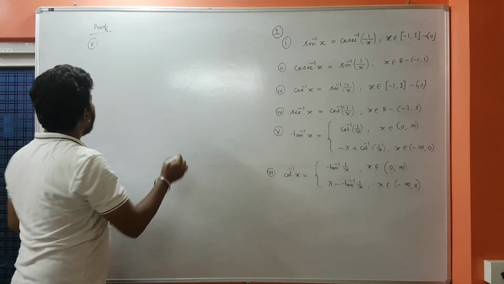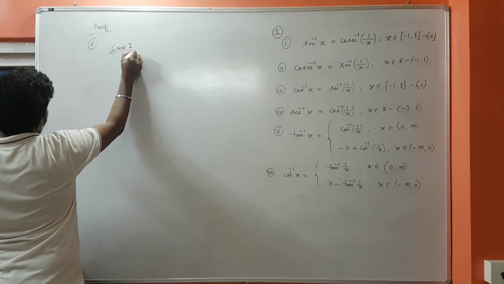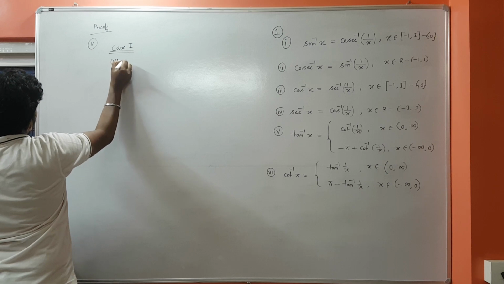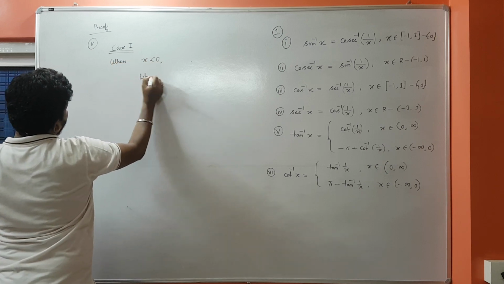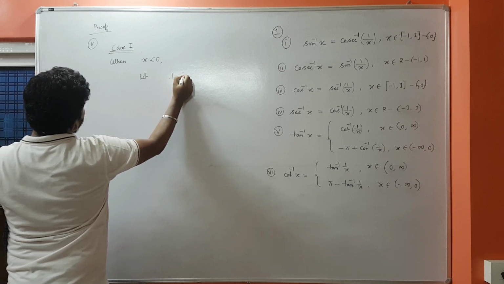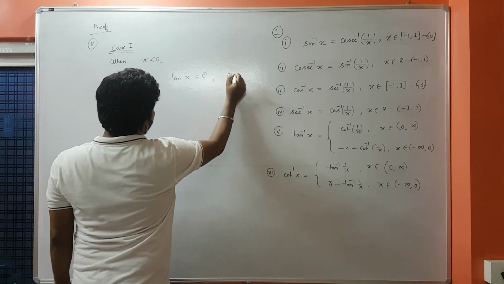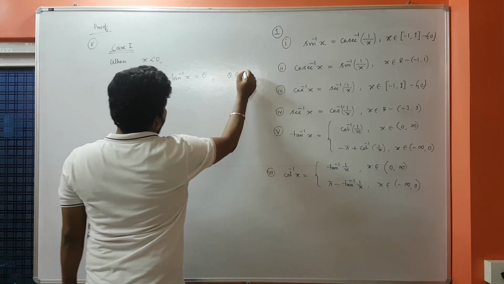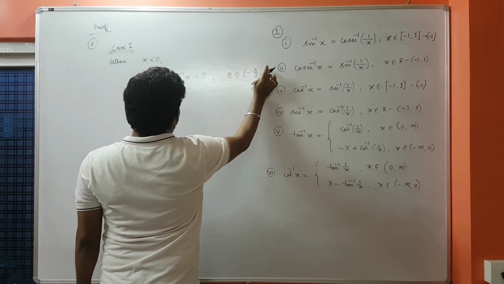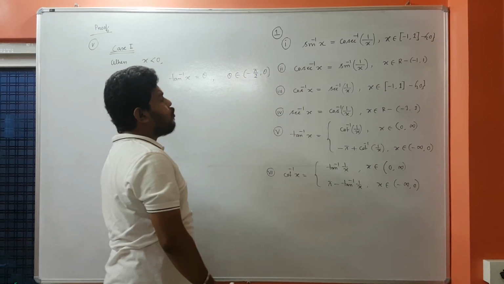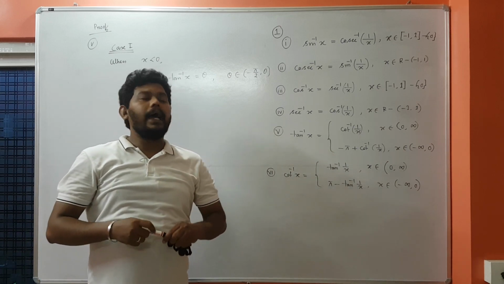Let's see. Case 1. When x is less than 0, let tan inverse of x is equal to theta, where theta belongs to minus pi by 2 comma 0. In the fourth quadrant, tan is negative.